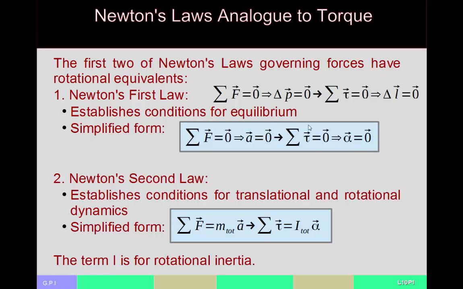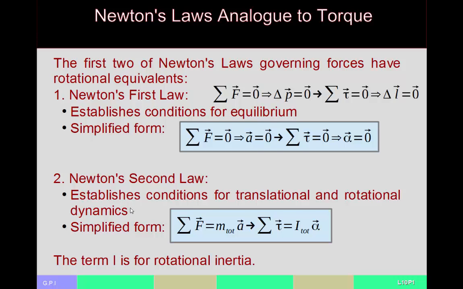The first law we explored in the last set of lectures, set number 9, on statics and equilibrium, and that was that when the angular acceleration is 0, then the net torque acting on an object must also be 0, where torque is given by the force times the radius times the sine of the angle between the force and the radius. So that was Newton's first law analog.